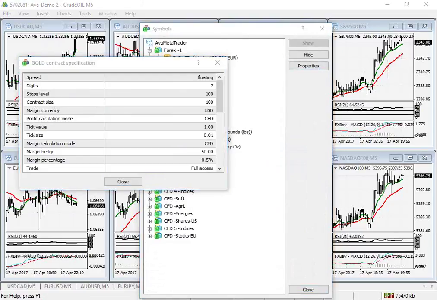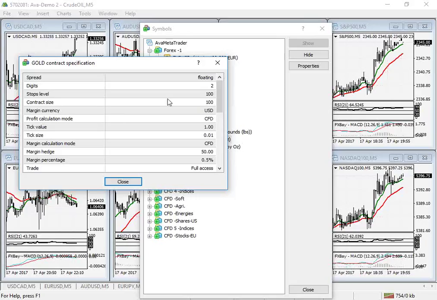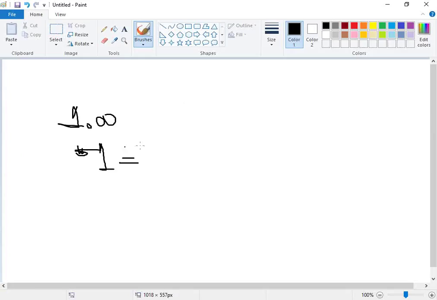In other words, if I'm trading a standard contract, 1.00 means that a $1 movement, one full movement on gold is going to equal $100. Contract size, 100. So that basically means that a standard contract, $1 movement, is $100, up or down. Okay, so if you're trading a standard contract, that's what you're looking at.